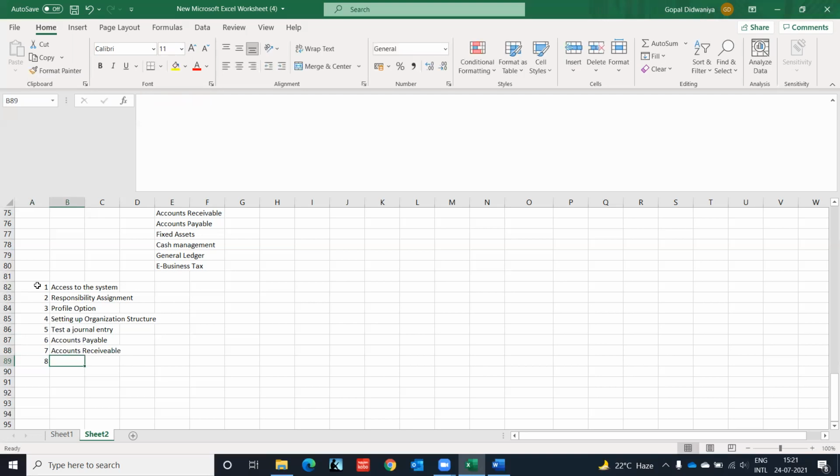Then 8, we go cash management. 9, we go business tax. 10th is the fixed assets. 11, your general ledger. Okay, this will be the scope.